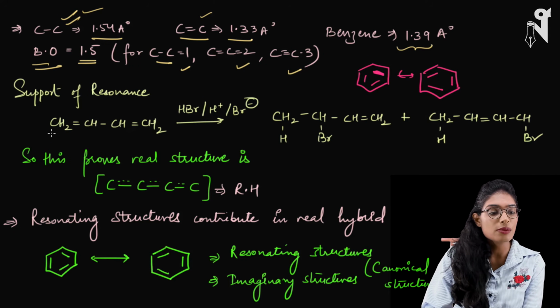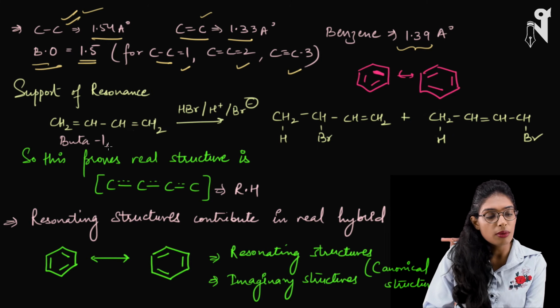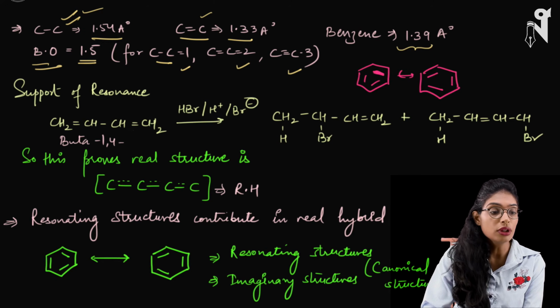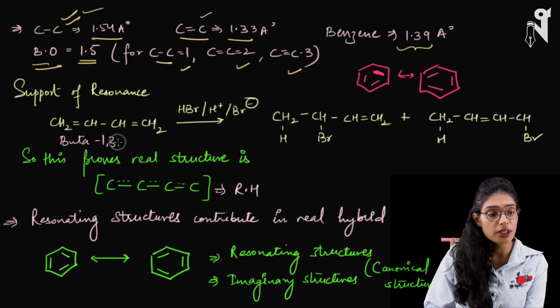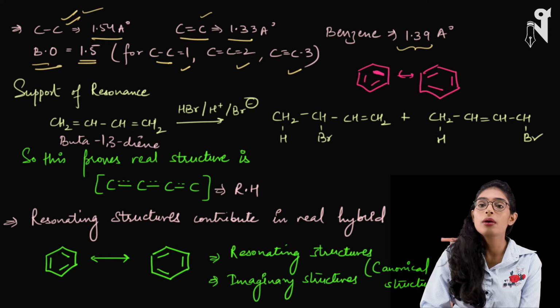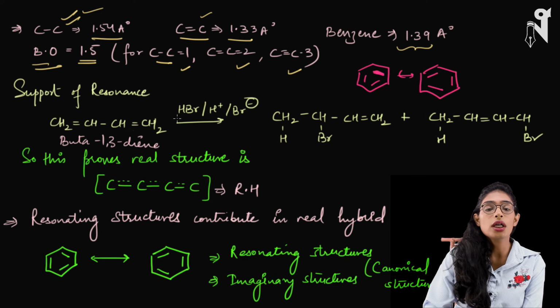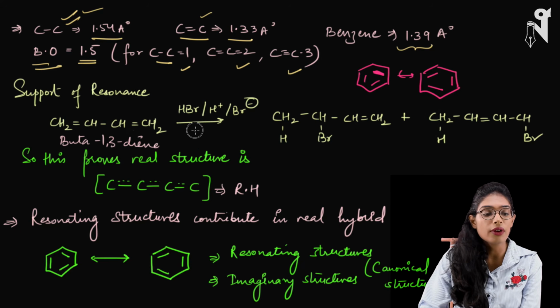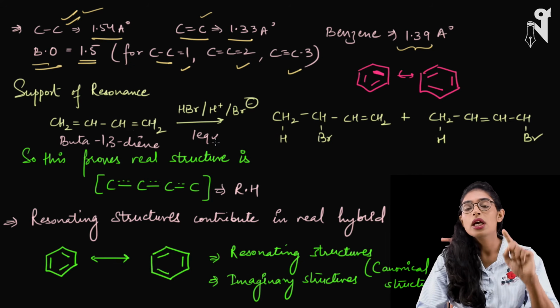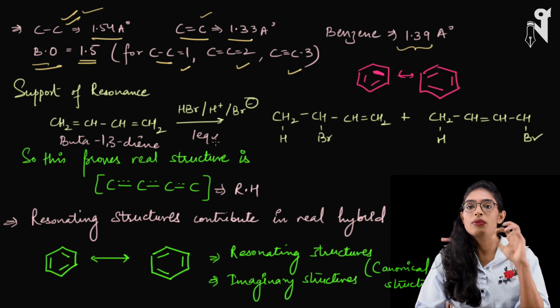Let's say I have this molecule, we call it buta-1,3-diene, not 1,4, my bad. We took HBr of 1 equivalent. One equivalent means only 1 mole of HBr, a very limited quantity.